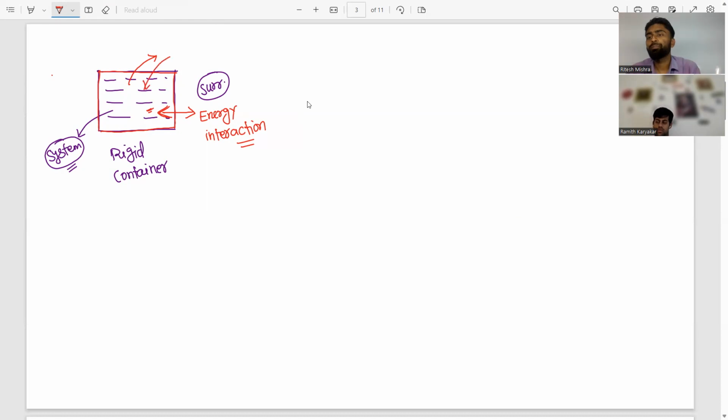That means mass transfer is 0 here. But energy interaction is not equal to 0. Energy transfer will not be equal to 0. So this system is called your closed system.